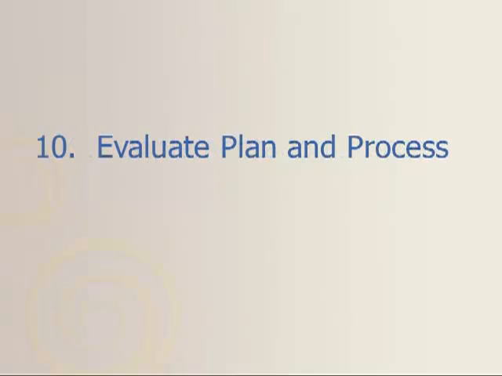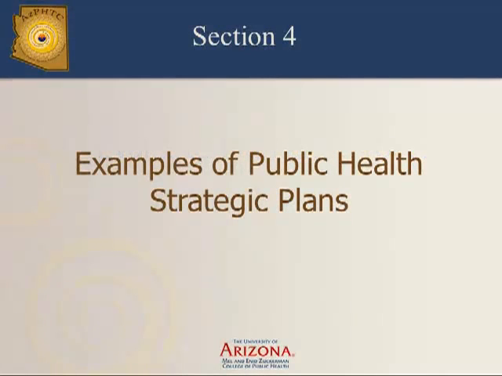Finally, the 10th step in Bryson's process is to evaluate both the plan and the process and start the cycle all over again. So while the logic model describes this in a linear fashion, it is really a cyclical or spiral process where at this point you're answering the question, how well did we do? Again, I'm putting in a plug for learning more about evaluation from the Arizona Public Health Training Center. In the next section, we'll take a look at a couple of examples of strategic plans.